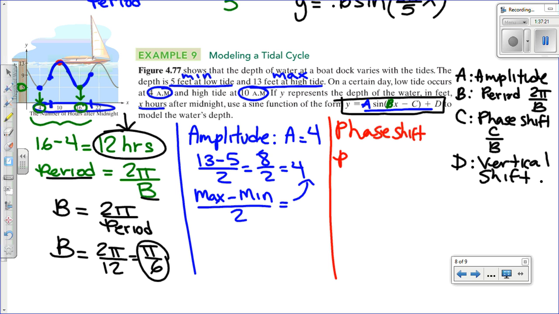That will be equal to C over B. And so right here, we're going to look at our graph and estimate the x value that goes there.